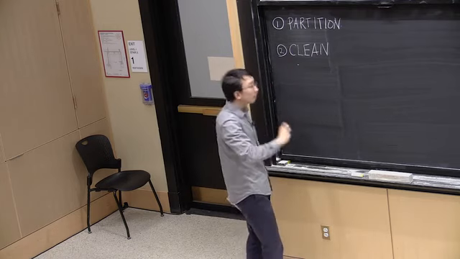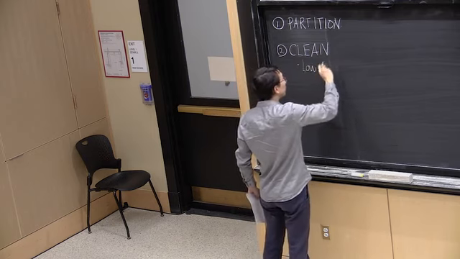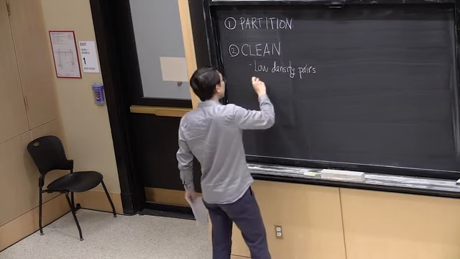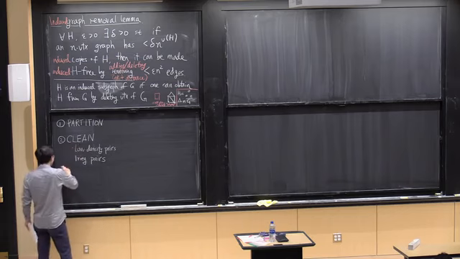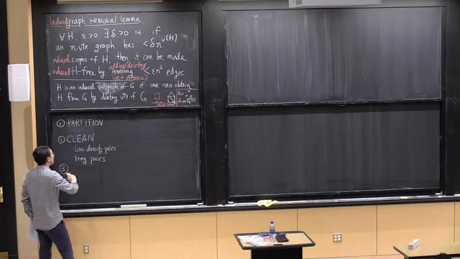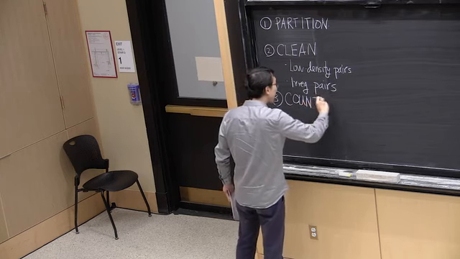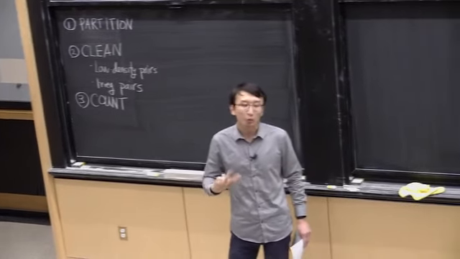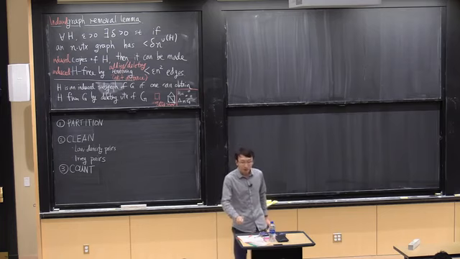The 2 key things that happen in the cleaning are that we remove low density pairs of parts and irregular pairs. In the third step, we claim that once we remove those edges, the resulting graph should be H-free, because if it's not H-free, then by considering the vertex parts where H lies and applying the counting lemma, you can generate many more copies of H. These were the 3 main steps in the proof of the triangle removal lemma.